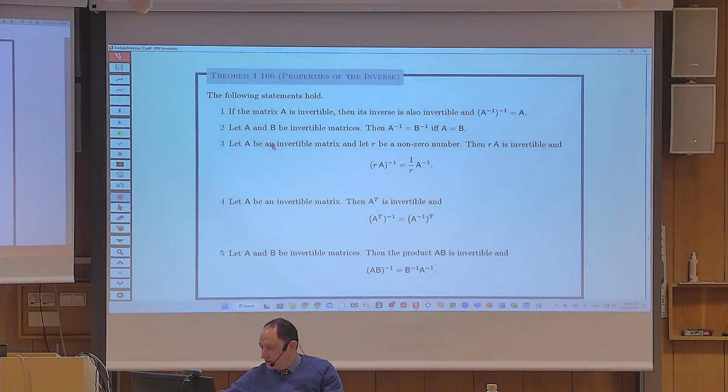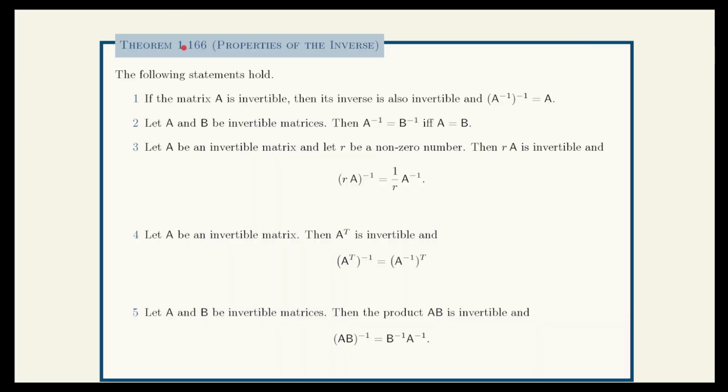Okay, so now let us go on. Do you remember we talked about the inverse of a matrix and we discussed the content of this theorem? The last one we learned was that if you have A and B invertible matrices, and you multiply them, it will become a new invertible matrix.